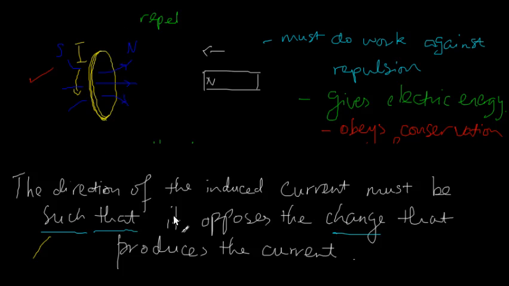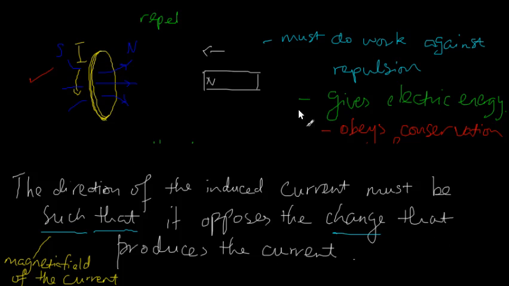So "the current must be such that" means that the current would produce a magnetic field, and this magnetic field must oppose the change that produces the current.